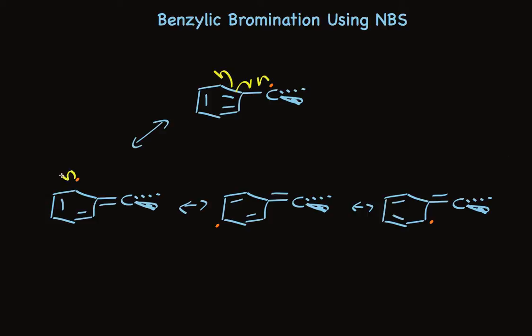This can pair with one of these, which leaves a lone electron on this carbon. That lone electron could pair with one of these pi electrons, which leaves a lone electron on this carbon. So you see there are four possible resonance structures for this compound. The initial radical, and three other resonance structures that involve the pi system of the aromatic ring.